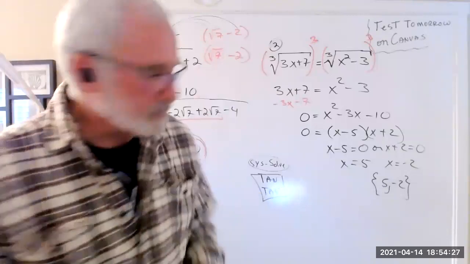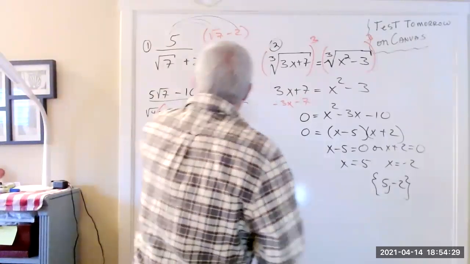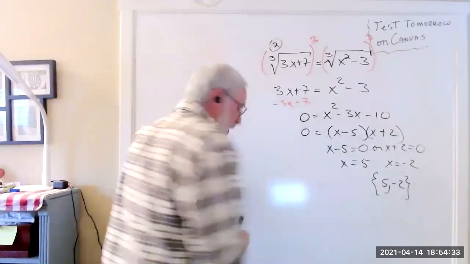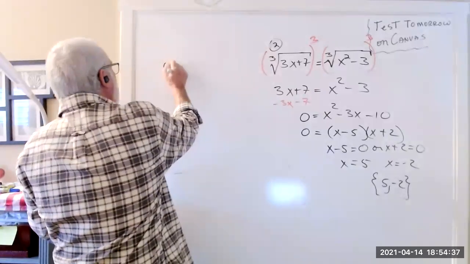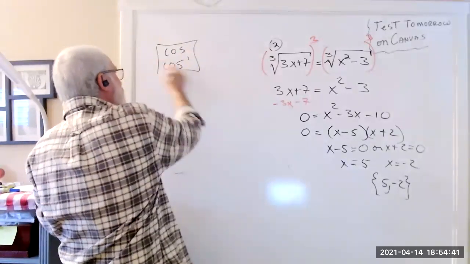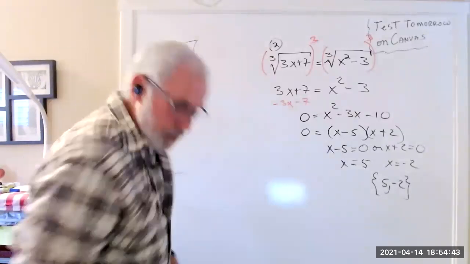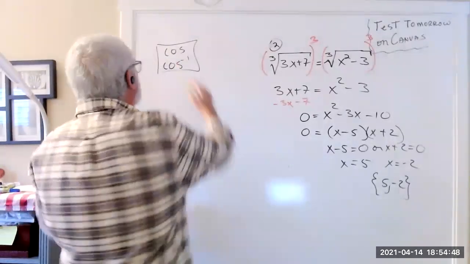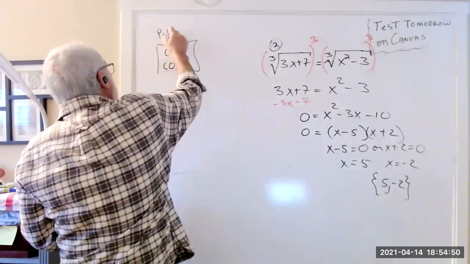Scratch all that. I don't want tan and inverse tan. I want cos and inverse cos. So you got cos -1 and that button. That's the one I want. And then above it is something called Polysolve. That's the button I wanted. I'm sorry.